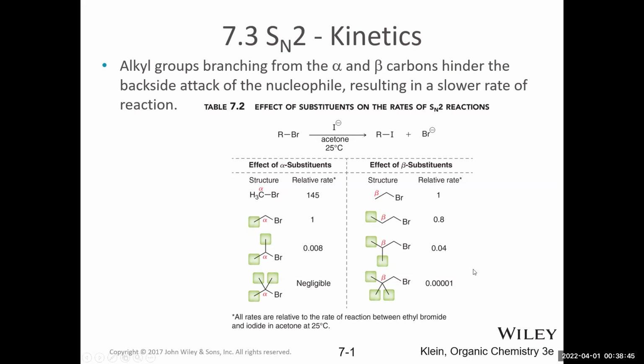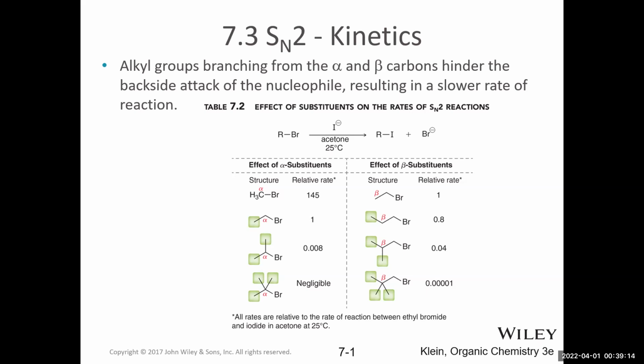And they also see an effect on the relative rate in that it is diminished with additional branching or steric hindrance at the beta carbon. So this shows us that less sterically hindered both alpha and beta carbons are ideal for SN2 reactions, which explains that relative reactivity that we saw in the last slide.